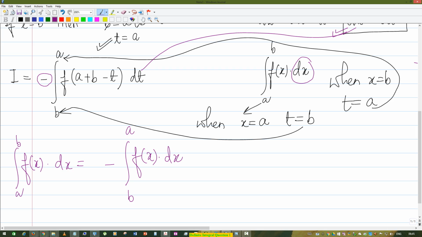So whenever lower and upper limits are interchanged, we need to have this negative sign once we change the limits. So a has gone here, b has come here.